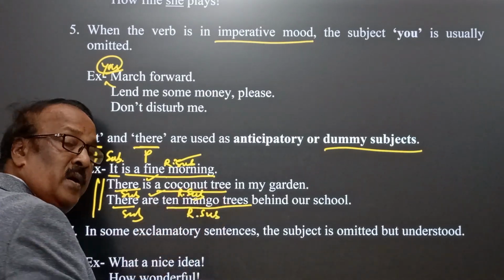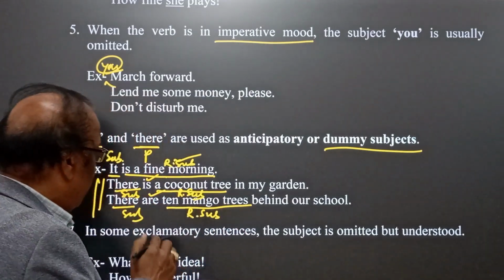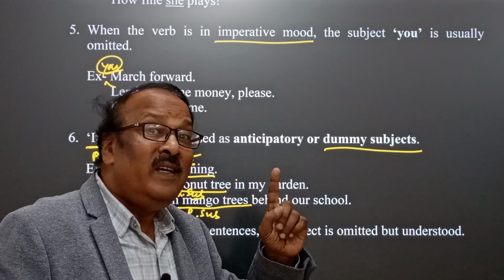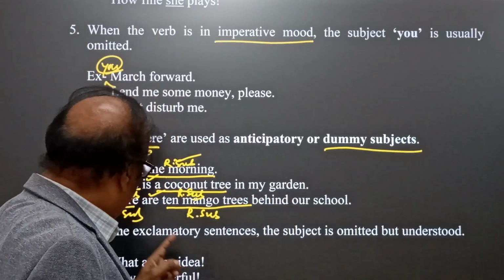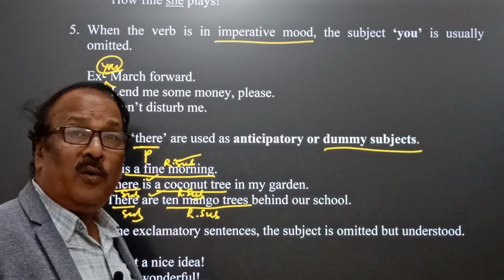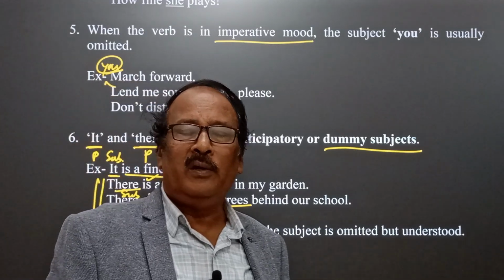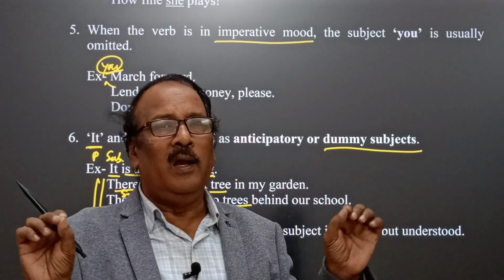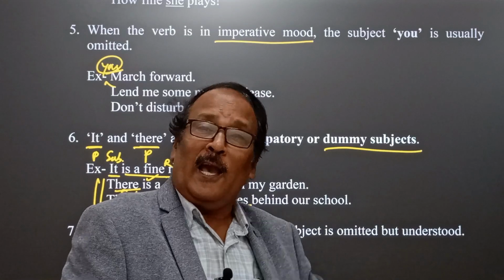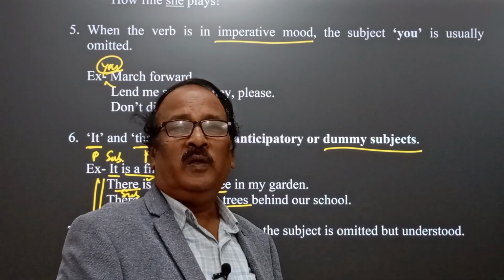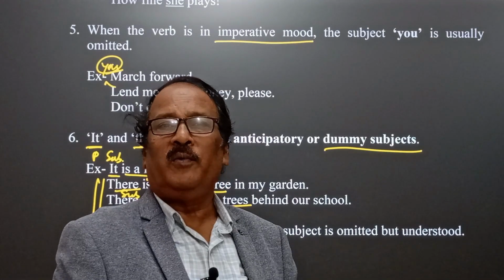A coconut tree, 5 coconut trees. Definitely 'There are 5 coconut trees,' but 'There is a coconut tree.' 'There are 10 mango trees behind our school.' So remember the difference. A very simple idea: 'it' and 'there' are pronouns, dummy subjects. They don't usually take the verb.